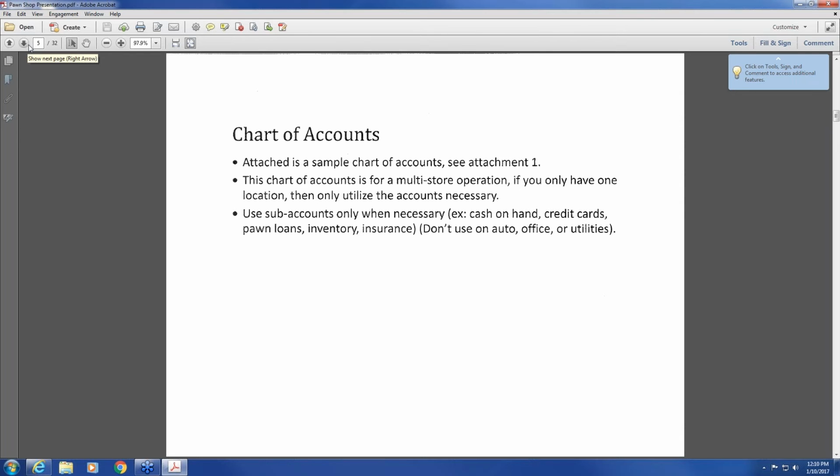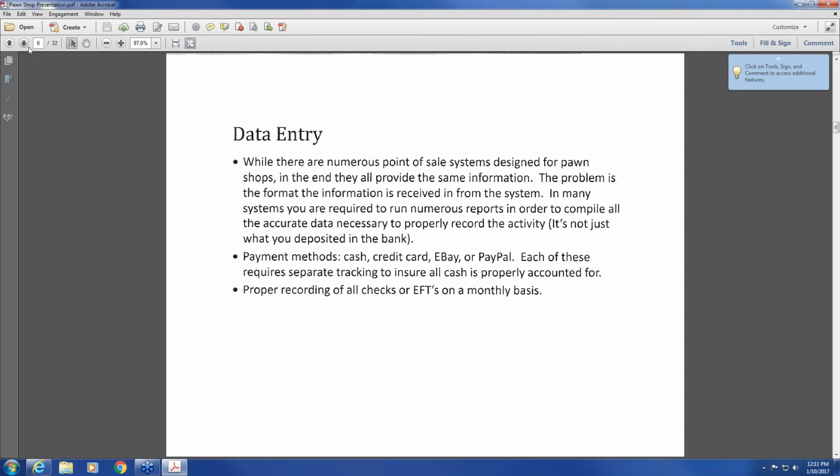So if you haven't had somebody look at your chart of accounts in your accounting system before, that might be a good thing to take a look at to make sure that you're posting things properly, whether you're doing it through integration or manually. Your data entry methods are important to that, because if the chart of accounts is not set up properly, then things are not going to get entered in the proper location.